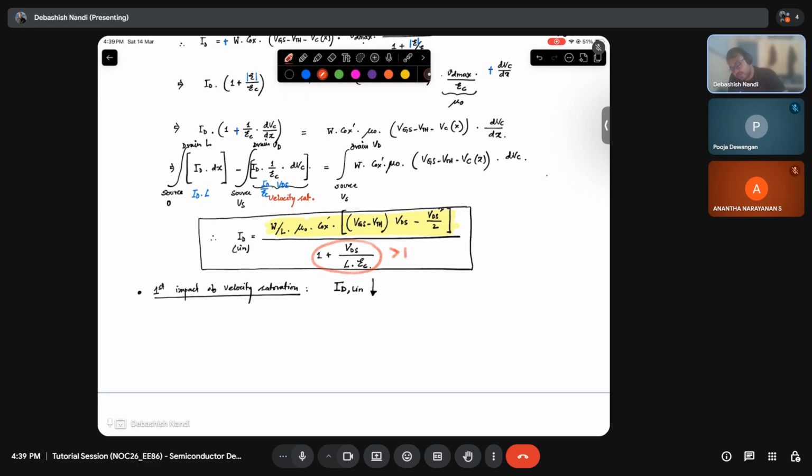Fine. Now, if L is very high, then there is no impact of velocity saturation. Can you see that?